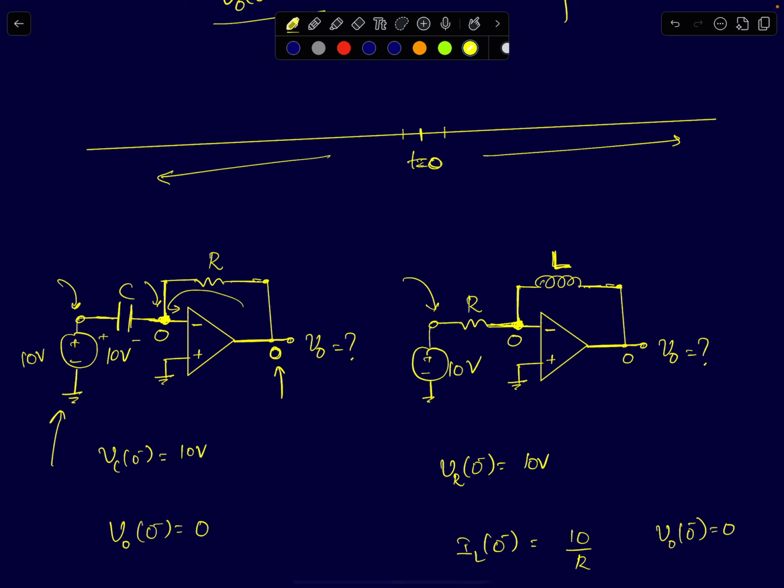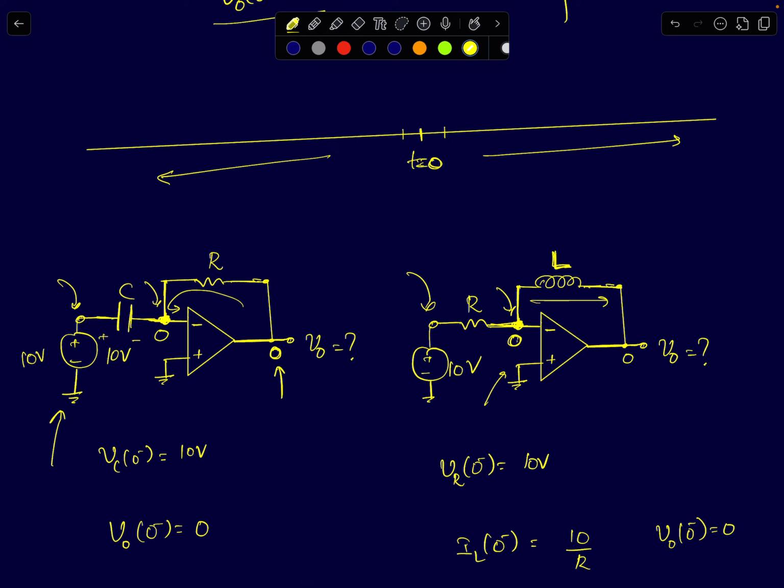Similarly, in this circuit, if you connect 10 volts at the input to the resistor, the same thing will hold true. V minus will come to 0 because there is DC negative feedback. In the steady state, V plus will be equal to V minus, and the inductor will act like a short circuit, and the output voltage will be exactly equal to 0 volts.